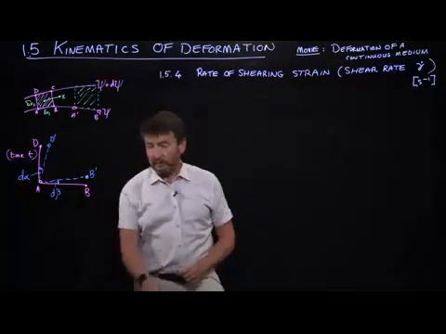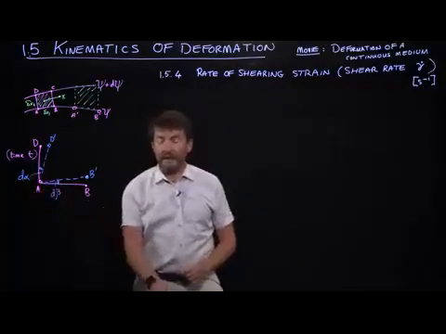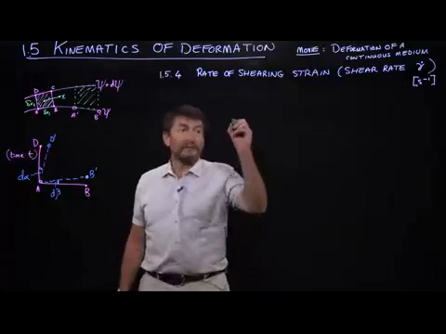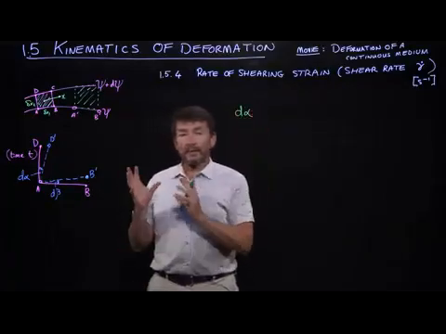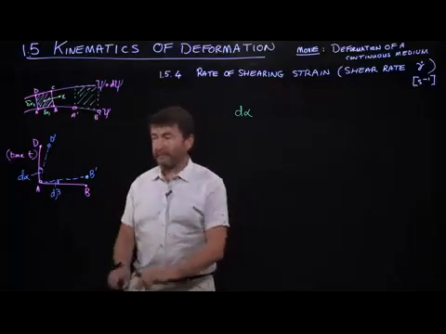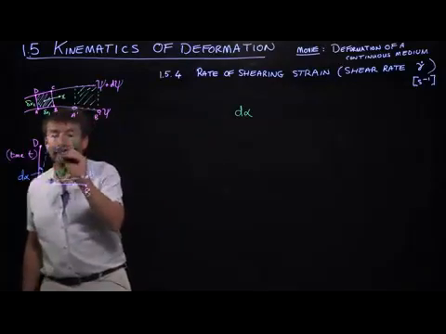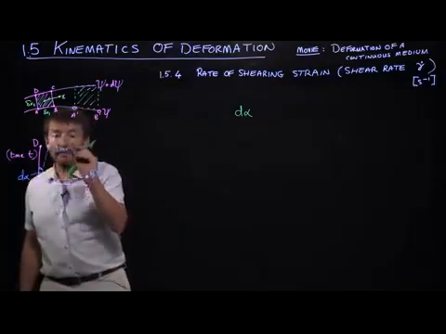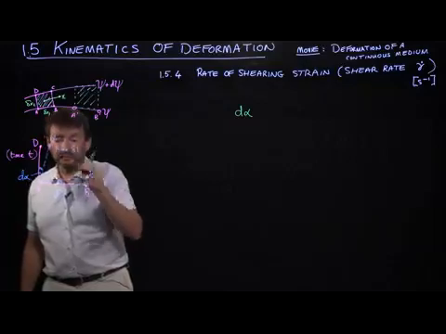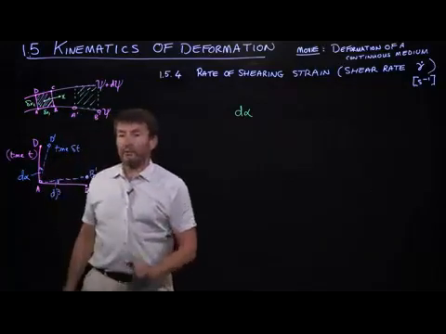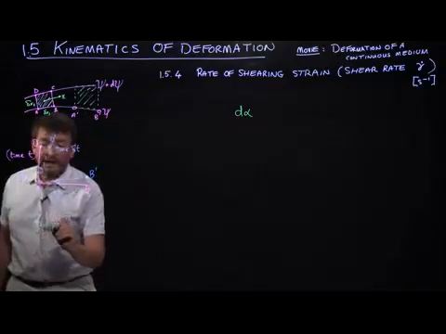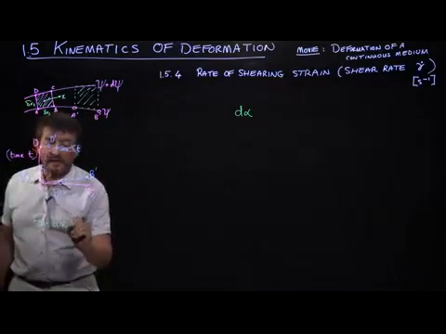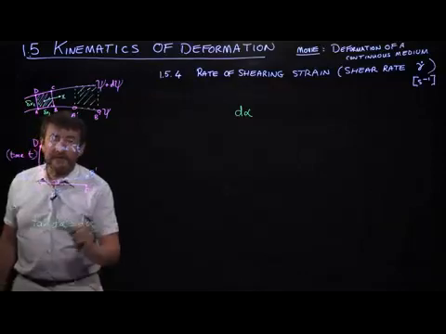So what we'd like to do is find an expression for d alpha. And so d alpha is the change in the angle. And we're going to think about an infinitesimally small time, so this would be after a time dt later. And so when the angles are small, we're going to make the approximation that tan of d alpha is about the same as d alpha.